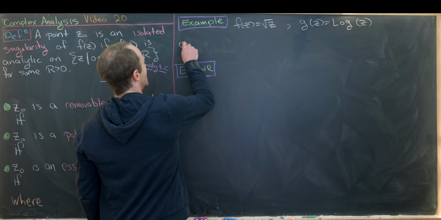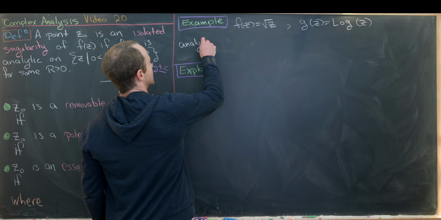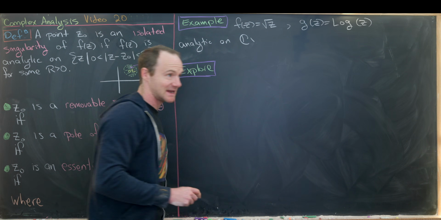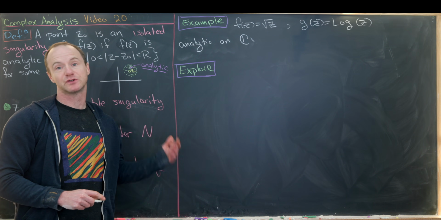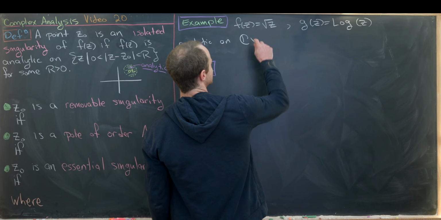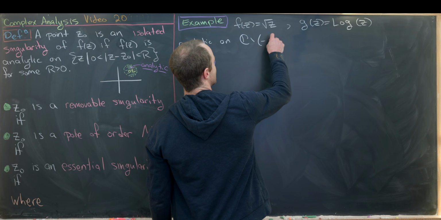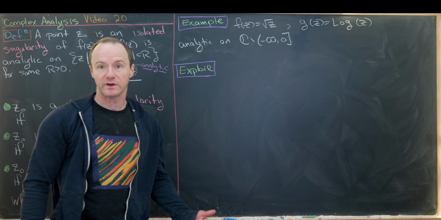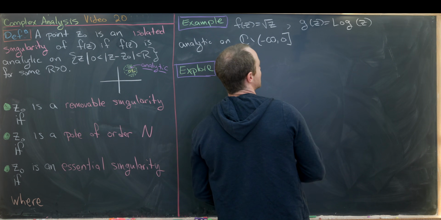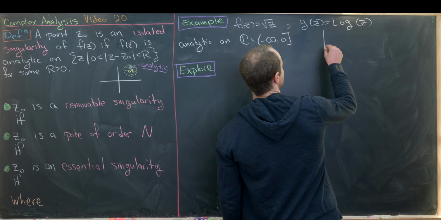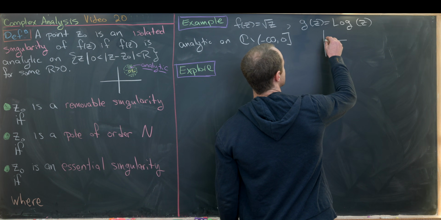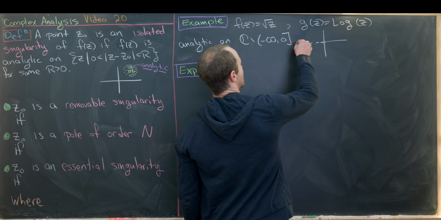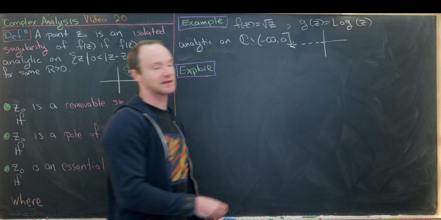Let's recall that both of these are analytic on the entire complex plane minus the ray from minus infinity to 0 along the real axis. Maybe we could make a picture of it like this. This would be the region on which this is analytic. We have to take out the origin, and then we take out the negative real axis like this.